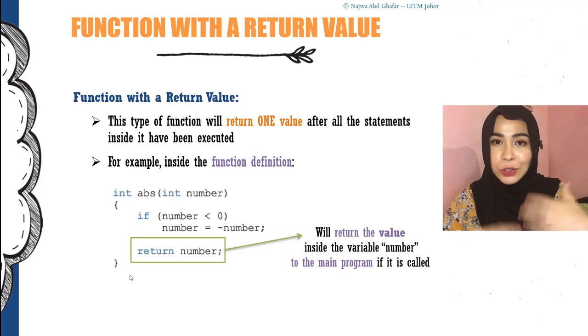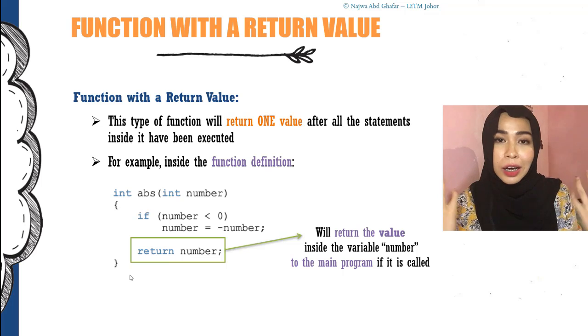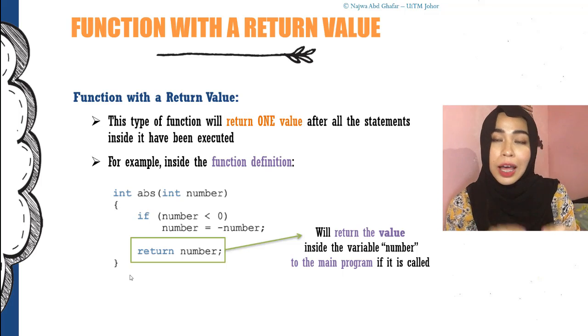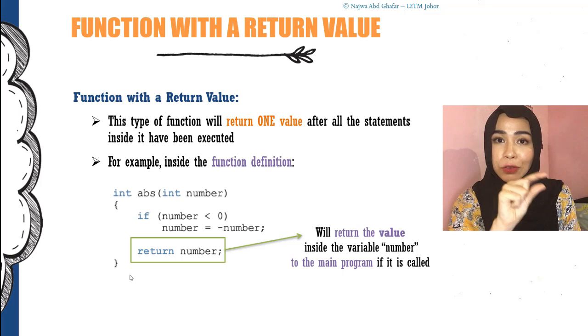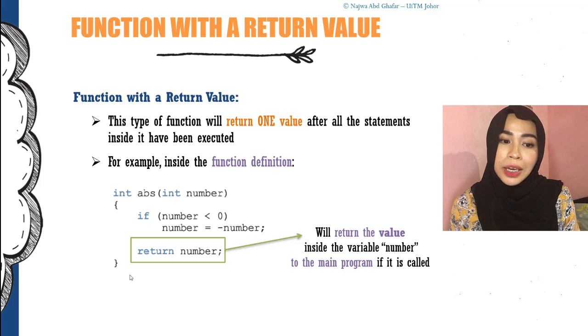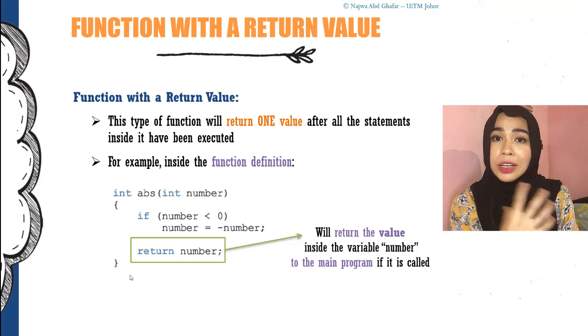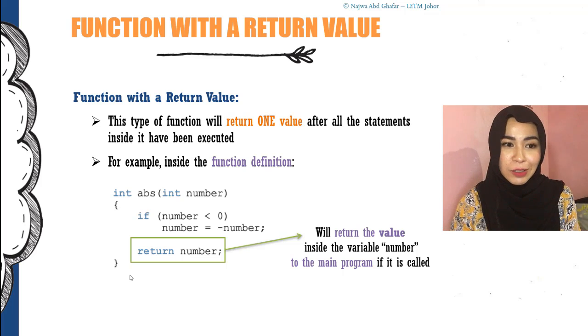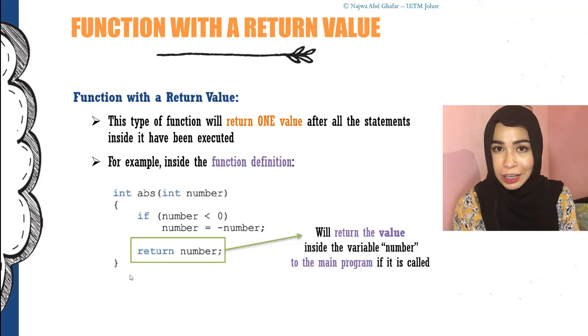So whatever you want to do inside there, let's say you want to do some calculations, but in the end, you will have a return statement, which you will place at the end of that function. So whenever it is called, it will be executed and it will return the value back to the person or anything that calls it. All right. So that is known as a function with a return value.